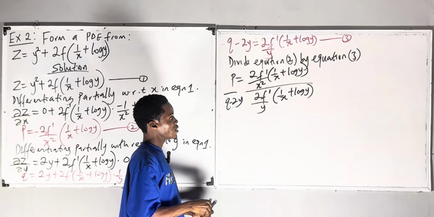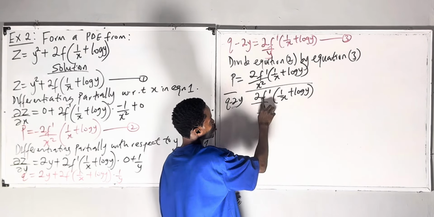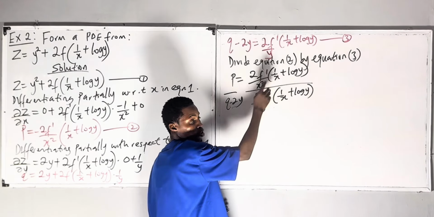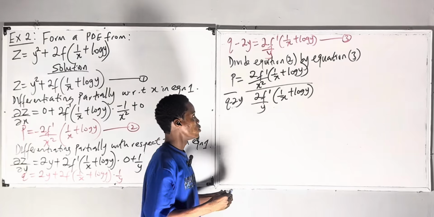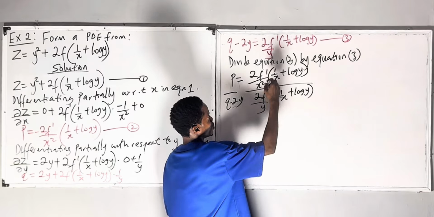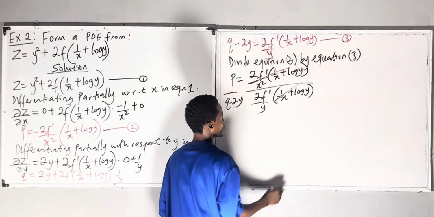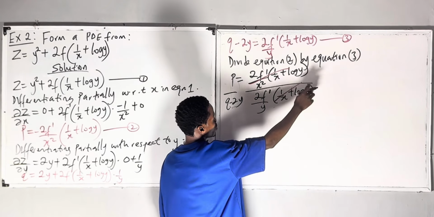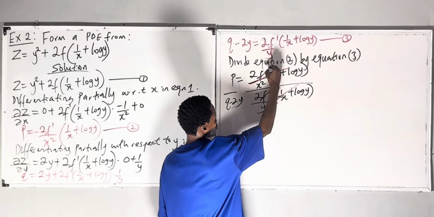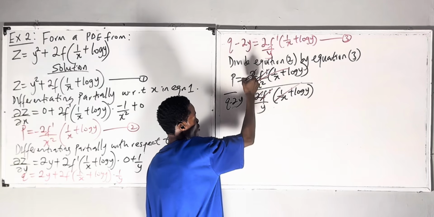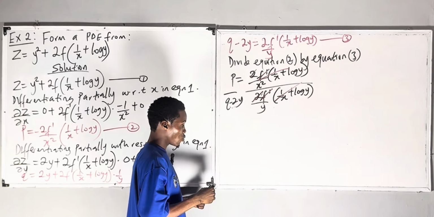You can see that 2f prime (1/x + log y) is common to each other, so you can easily cancel them out. The 2f prime cancels, the f prime cancels, and the 2 cancels. So what are we left with?